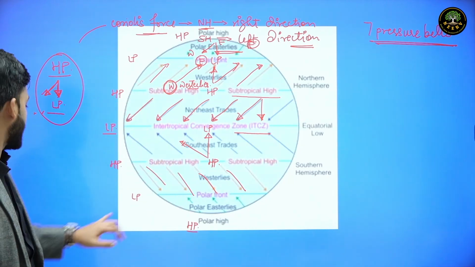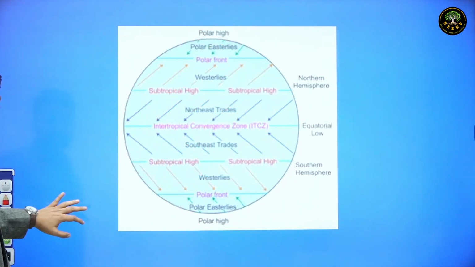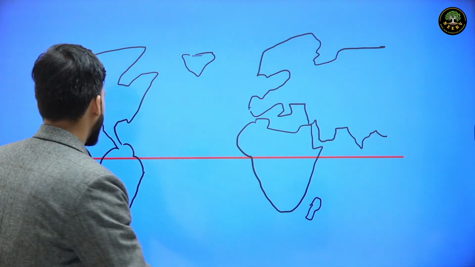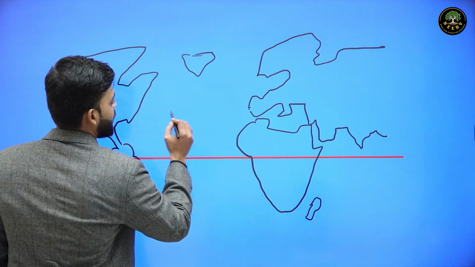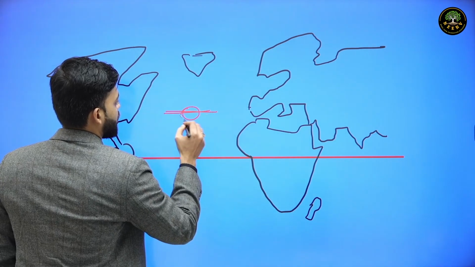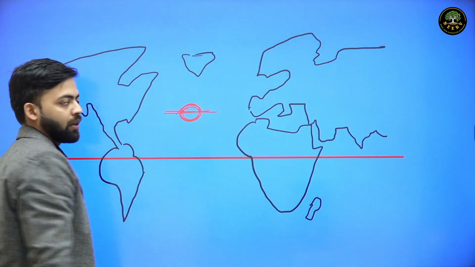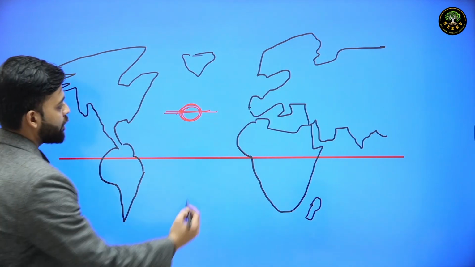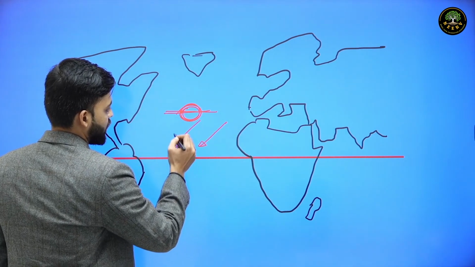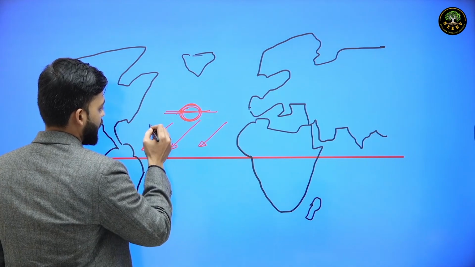southern hemisphere. Now let's take Atlantic Ocean as an example. Suppose the mid-Atlantic Ocean in northern hemisphere is getting heated up. Now what will be the direction of trade winds? This will be the direction of trade winds in northern hemisphere.